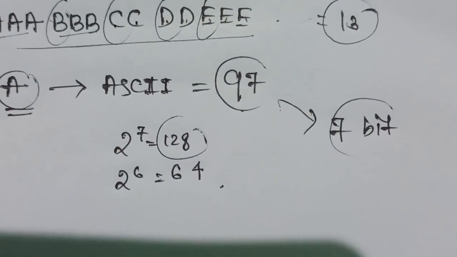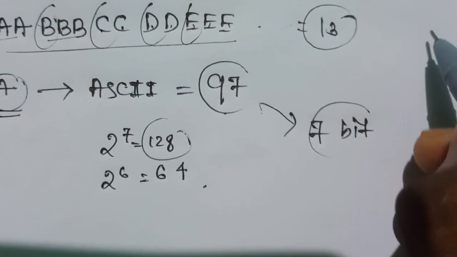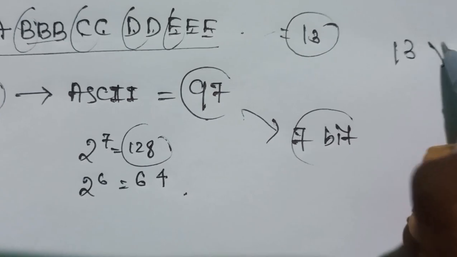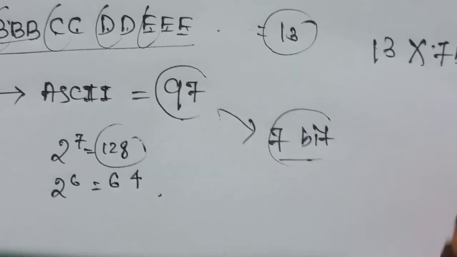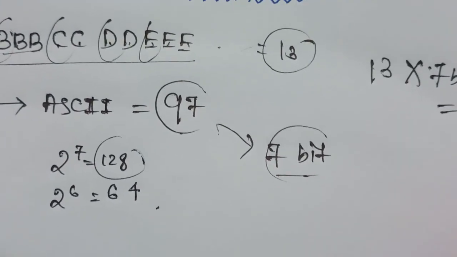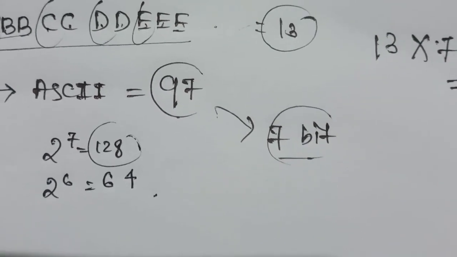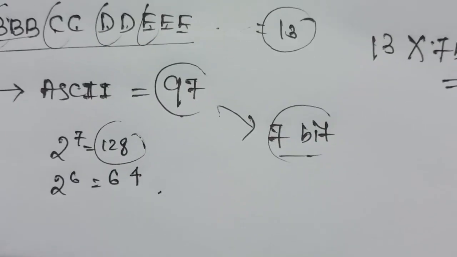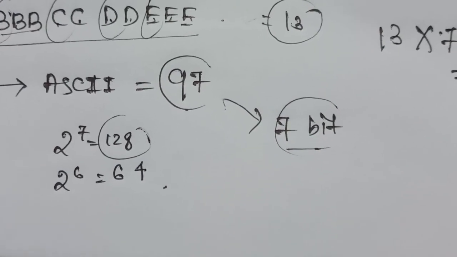So 13 into 7 bits equals 91. Okay, 91 bits. So I will need 91 bits to encode the message in a normal way.